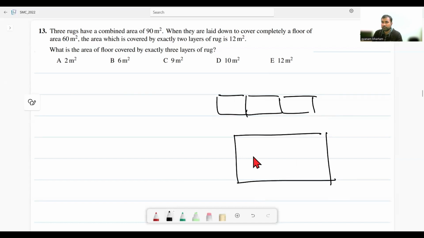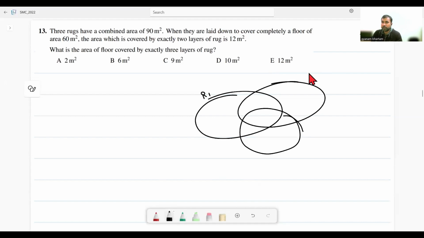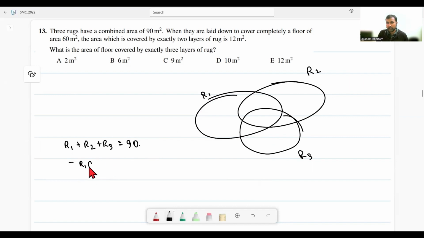So this is the Venn diagram. We have rug 1, R2 and R3. Now if you just add R1 plus R2 plus R3, it's going to give you 90. But then we subtract R1 intersection R2, meaning the common area of R1 and R2.